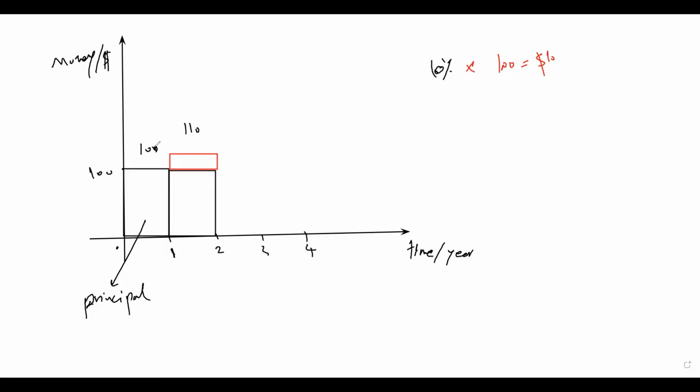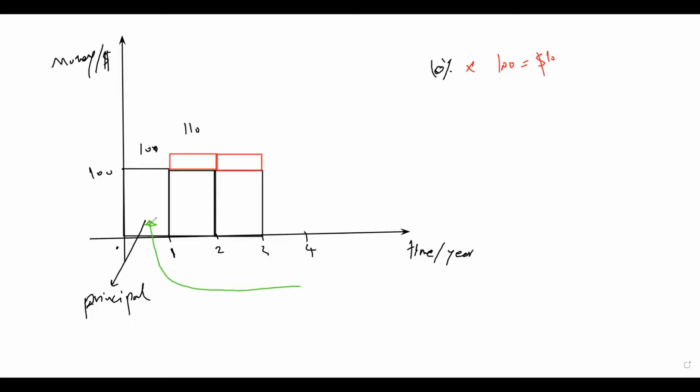Now the third year, what happens is you still have your principal, you still have the 10% which was added for the first year, but now, instead of each time calculating the 10% of the money that you have deposited, you will get interest on the interest as well.